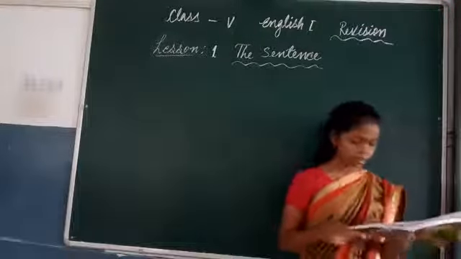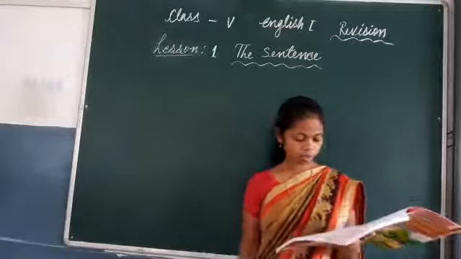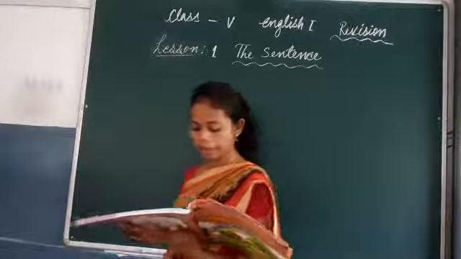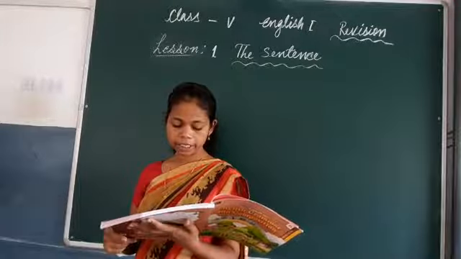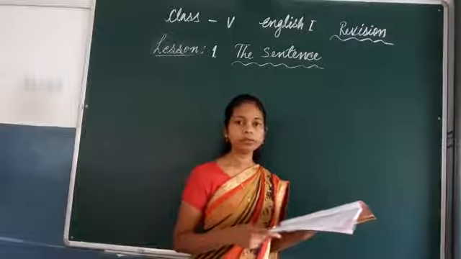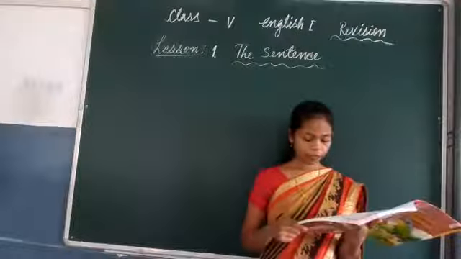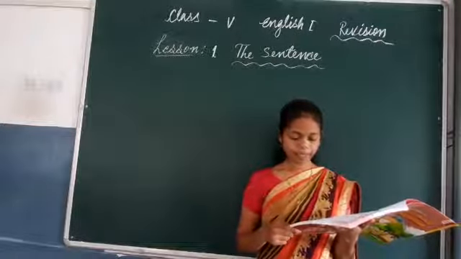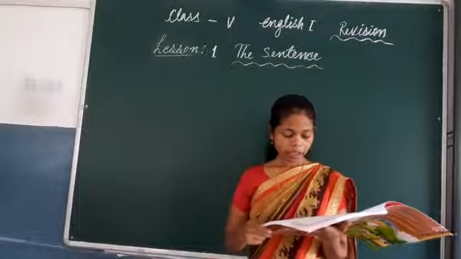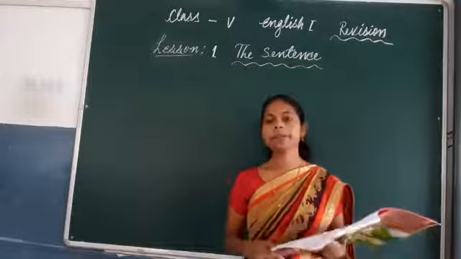A phrase is different from a sentence because it does not have capital letters, it does not have punctuation, it does not have a verb. Thus we see that a phrase does not make complete sense. Let us use the phrases given above in sentences to make complete sense.